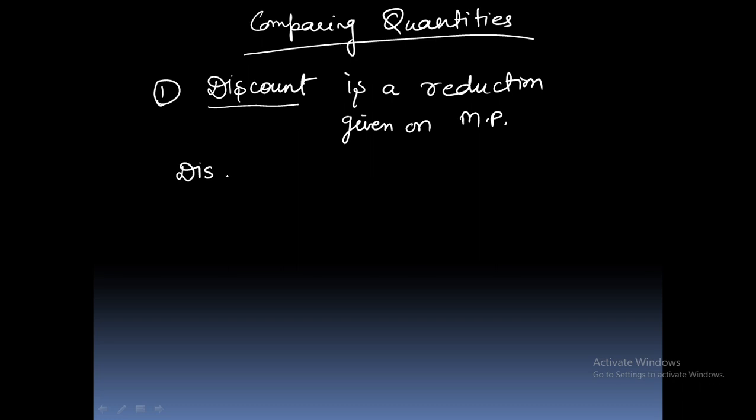And its formula is discount is equal to market price minus selling price. This is the formula of discount calculation.